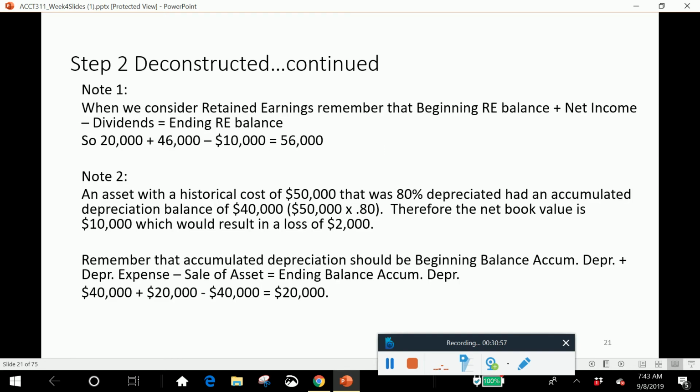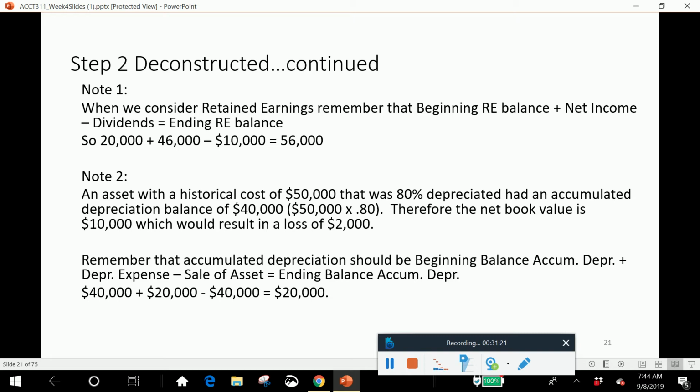So we know that an asset with a historical cost of $50,000 that was 80% depreciated had accumulated depreciation of $40,000. The net book value of the asset, therefore, was $10,000. We only sold it for $8,000, therefore we have a loss of $2,000.